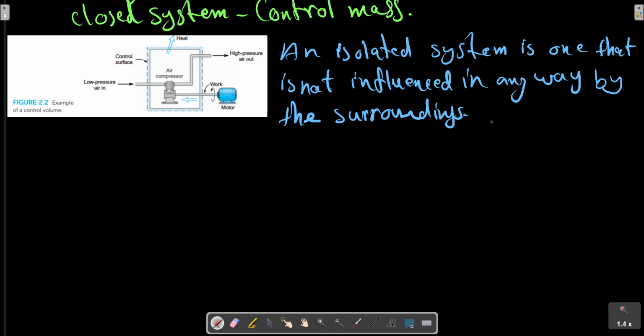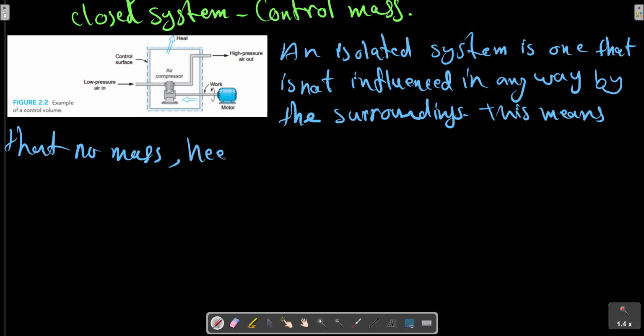This means that no mass, heat or work cross the boundary of the system.